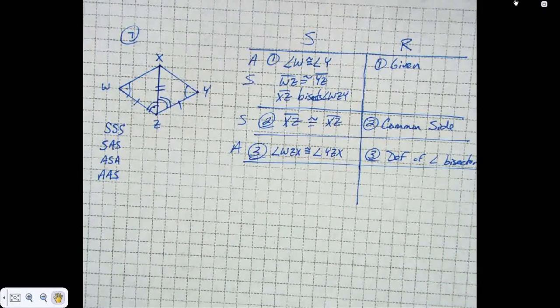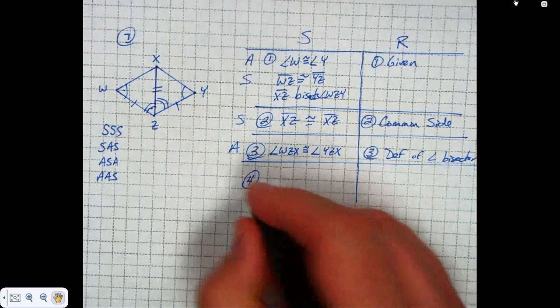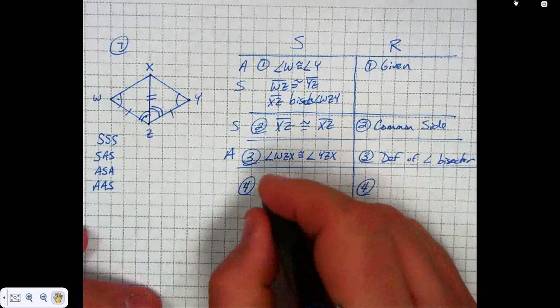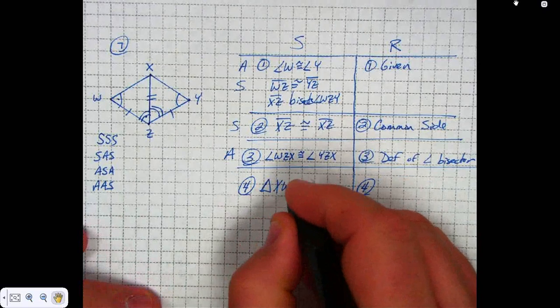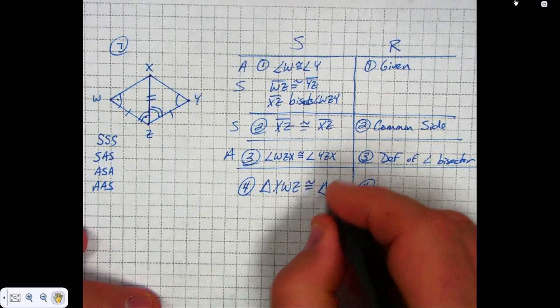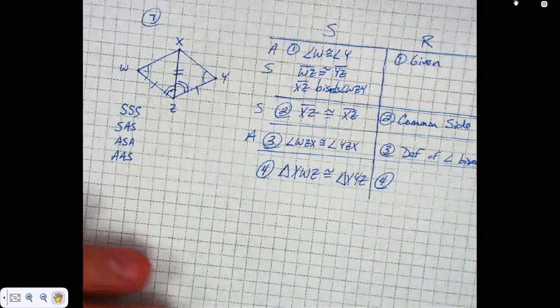I mean angle, side, angle. Tell you this much: triangle XWZ is congruent to triangle XYZ.